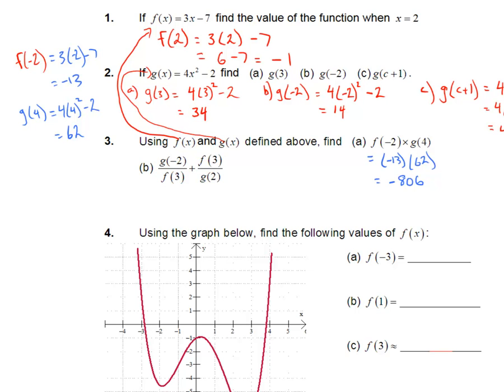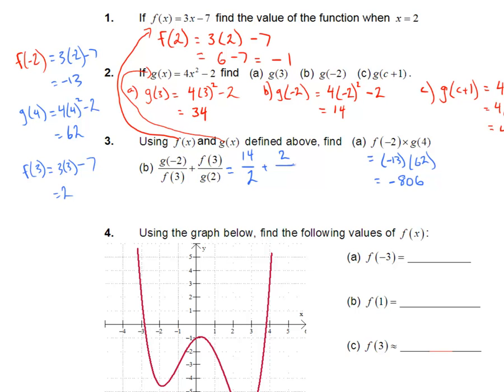For g of negative 2 over f of 3 plus 2 over g of 2, we have already calculated some of these values, so we just fill them in. g of minus 2, we did in the question before, so that's 14. Over f of 3, I don't think we have f of 3 yet, so we have to find it. That's going to be 3 times 3 minus 7, or 2. So 2.